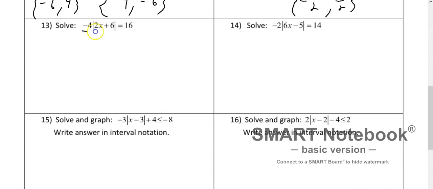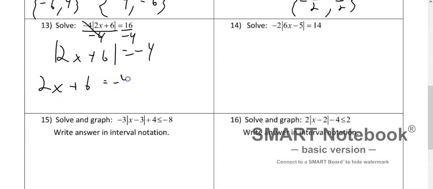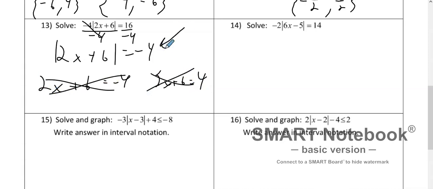Like in this case, if I divide by -4, I'm going to get 2x plus 6 equals -4. At that point, I do not do this. You don't write that and then write the opposite. That's a big no-no. As soon as you see this alone by itself is equal to a negative number, the answer is no solution.